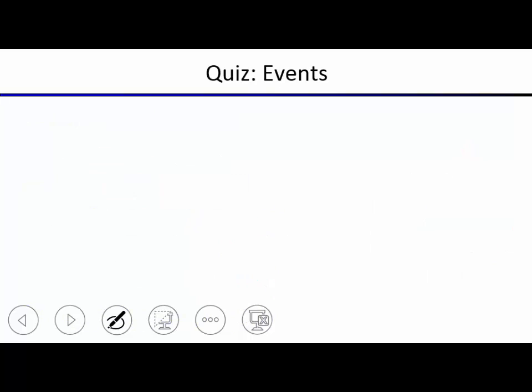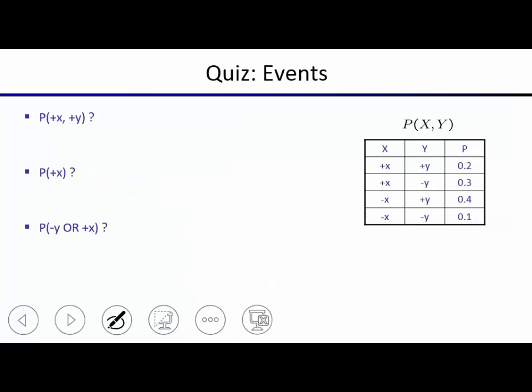So let's do another example here. Here's a new joint distribution, and let's see if we can figure out the probability of each of these events. First one, plus x plus y. I'm hearing 0.2. Why? Because this is the only row that has plus x plus y, and it has 0.2. Plus x. I'm hearing 0.5.